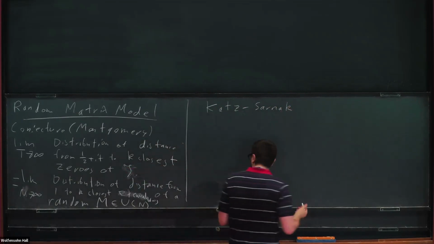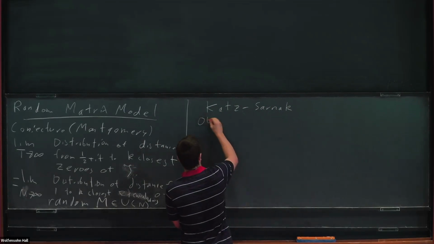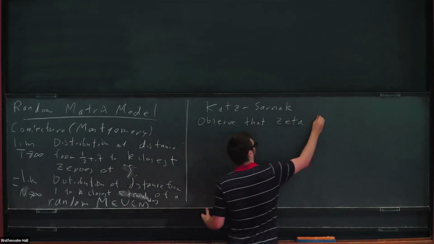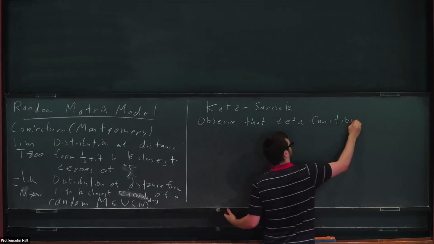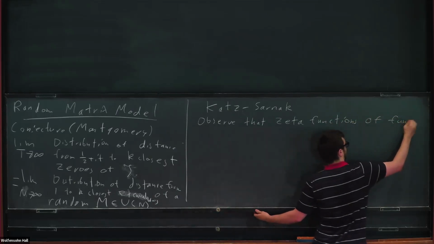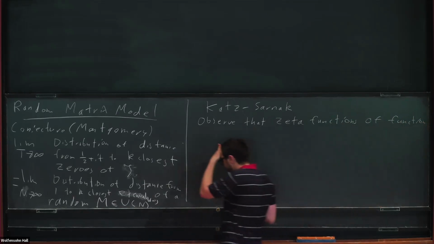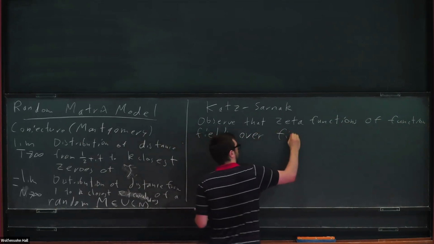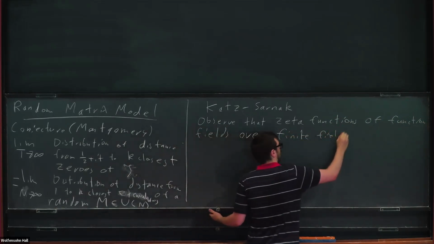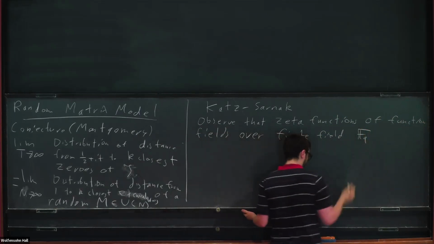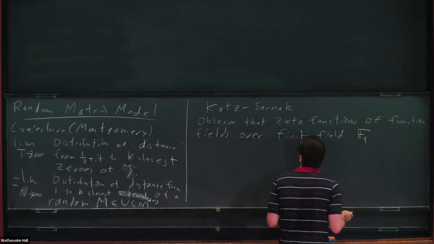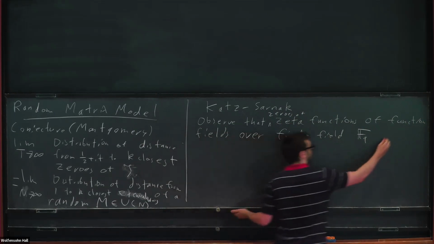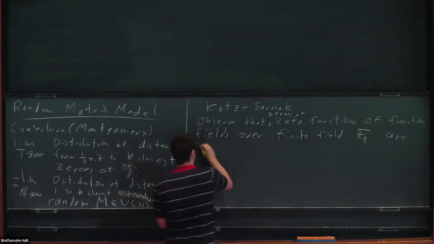One important thing they did is observe that zeta functions of function fields over a finite field F_q, or sorry, I should say here, zeros of zeta functions actually are eigenvalues of matrices.